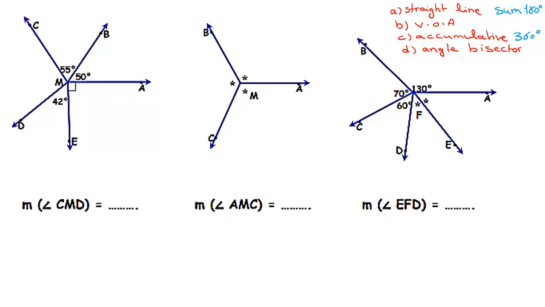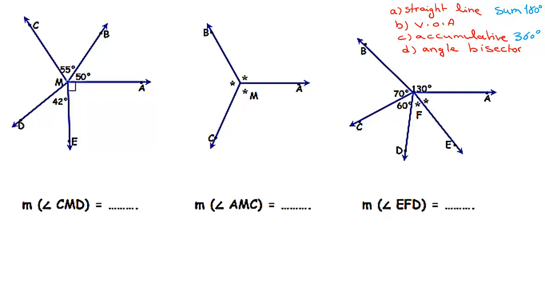In the first figure, we have here 5 angles formed. So the first question, are those 5 angles on the same straight line? No, they are not. Are those 5 angles resulting from the intersection of 2 lines forming vertically opposite angles? No. Are the whole 5 angles around one point, or accumulative around one point?